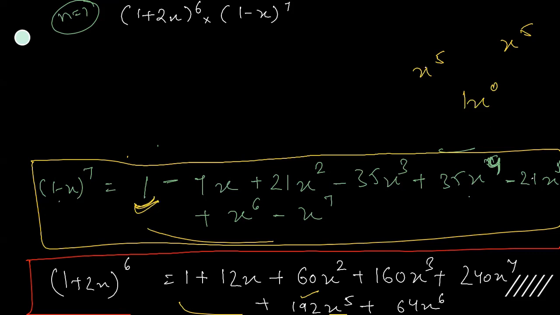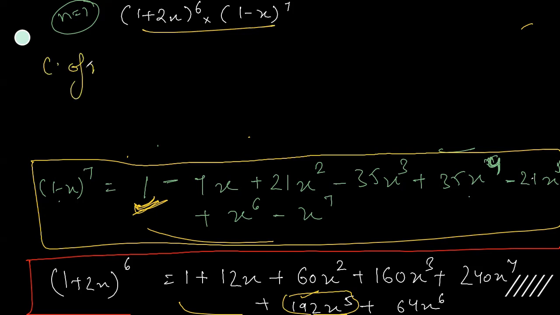Okay, and that's why I'm multiplying. So which terms get multiplied? This one multiplied with this one, right? So in the multiplication of these two, I just want the coefficient of x raised to the power 5, which equals 1 multiplied with 192 x raised to the power 5. Then x raised to the power nothing means 1.